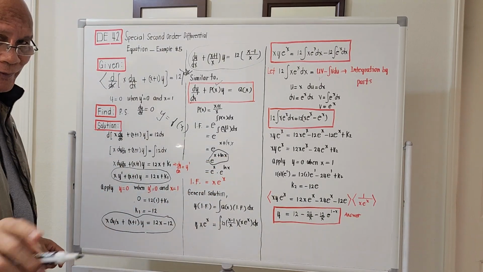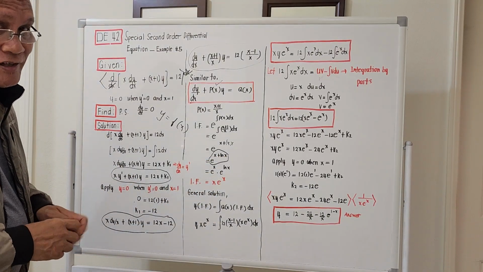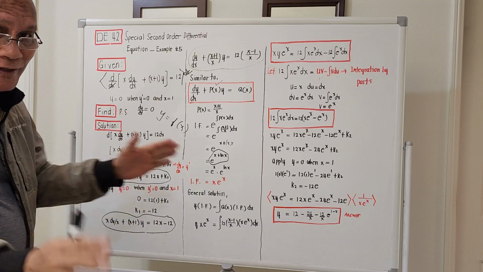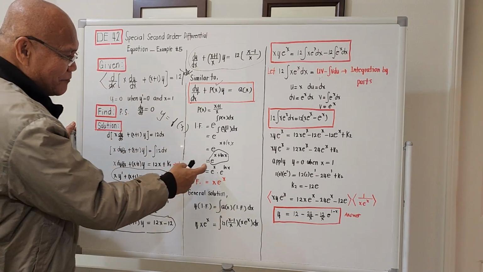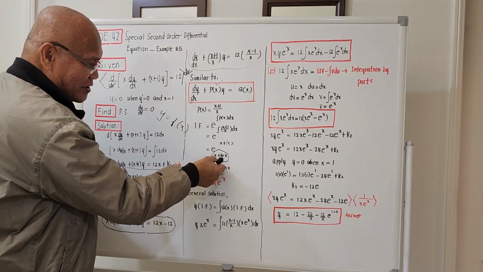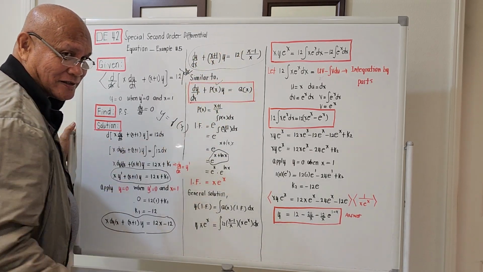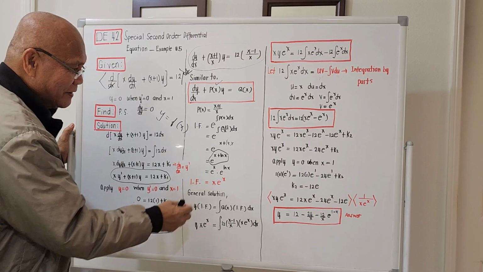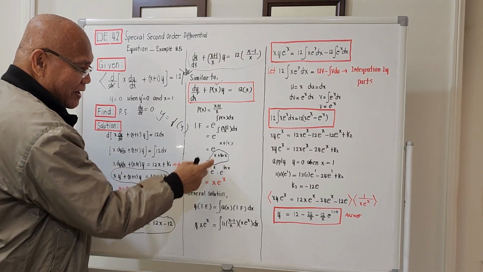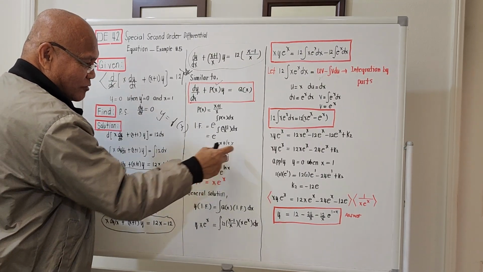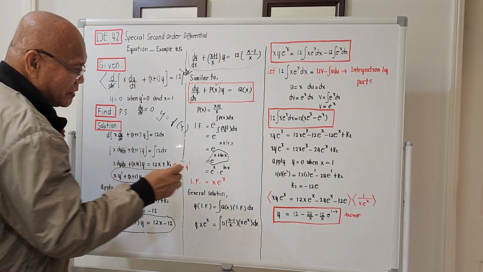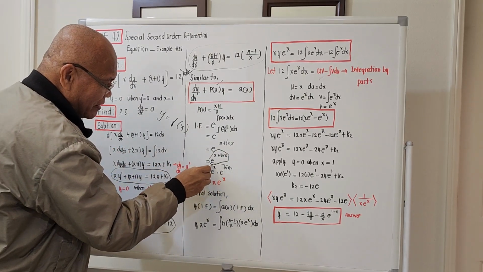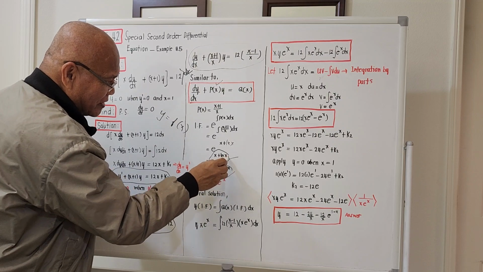This now falls under the so-called laws of exponents, meaning the same base raised to a sum of exponents can be written as a product. It can be written as e to the x times e to the natural log of x. If we compress this, the compression is this.